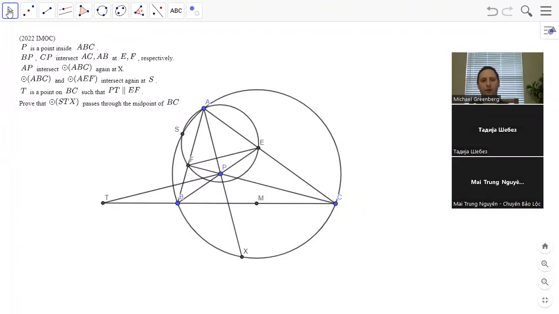It's just a matter of how to do it. We could project F, E, the point at infinity, and some other point onto BC. I just don't know what that other point is. Maybe this point right here.